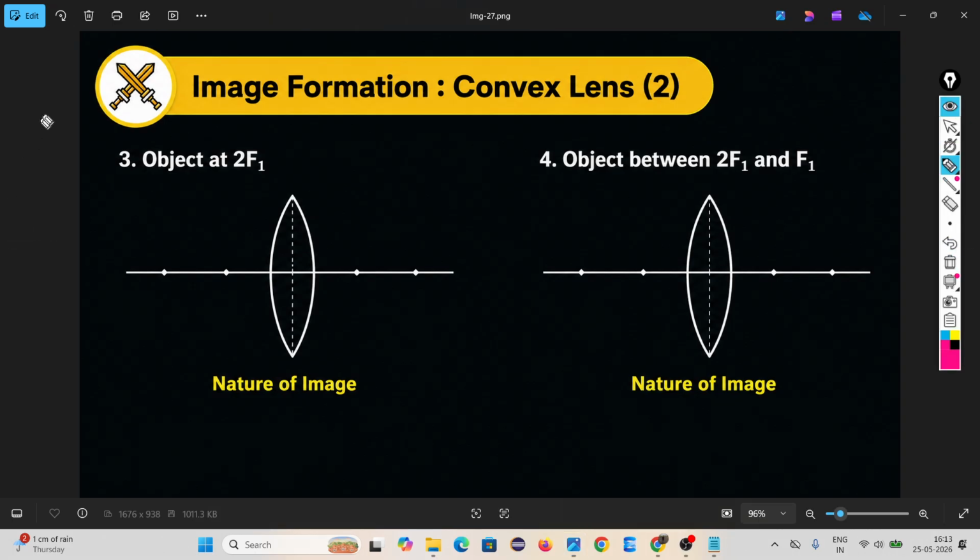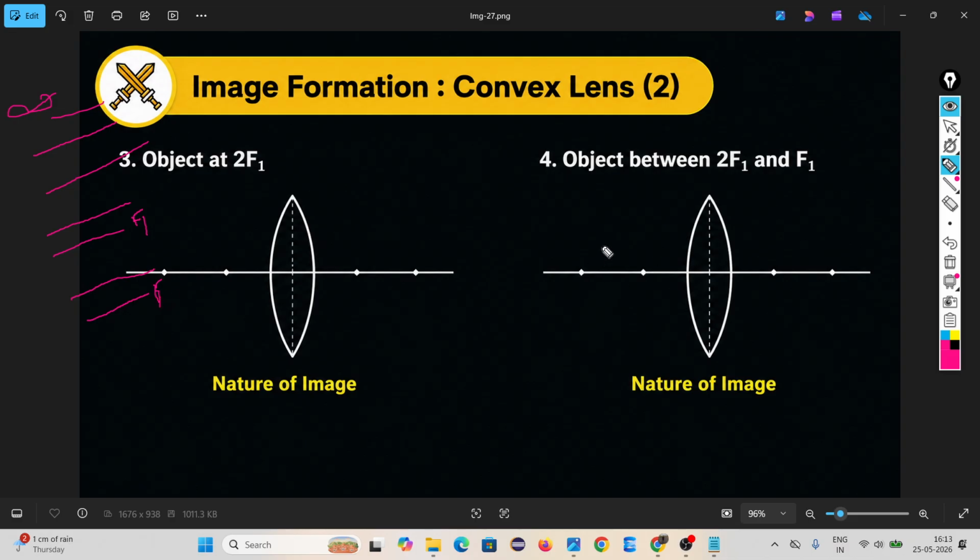If infinity, two rays are taken parallel. If beyond 2F1, one parallel, one through focus. If the object is at 2F1, one parallel, one through focus F1.